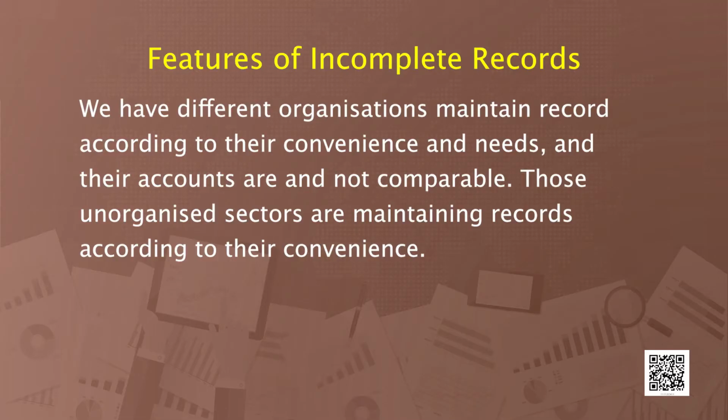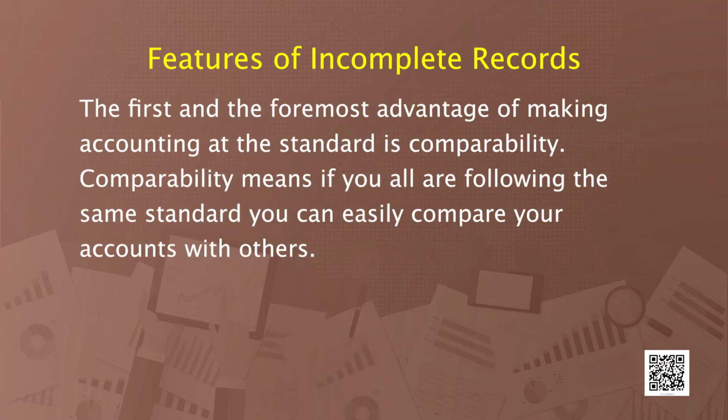Different organizations maintain records according to their convenience and needs, and their accounts are not comparable. Those unorganized sectors are maintaining records according to their convenience, and the first and foremost advantage of making accounts at the standard is comparability.